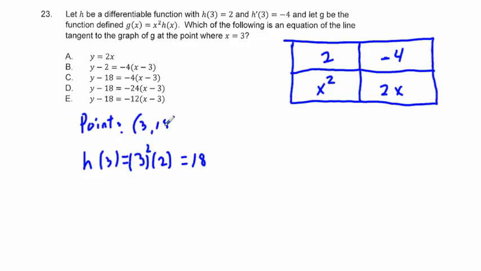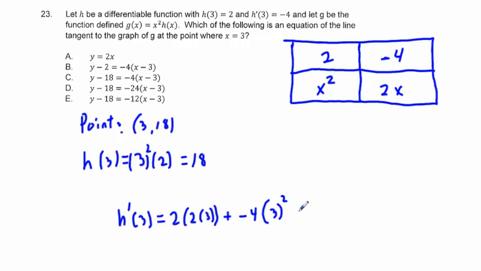So that's our y-coordinate. And for g prime of 3, we're going to have 2 times 2x, which is 3, plus negative 4 times 3 squared, which is going to be minus 9 times 4, which is 36.